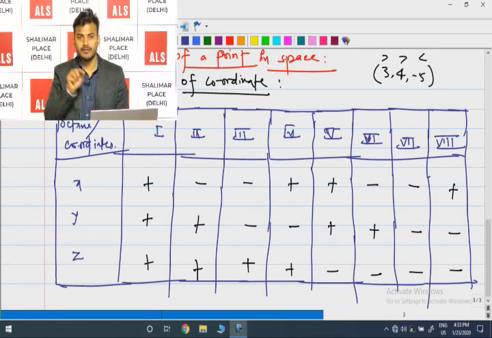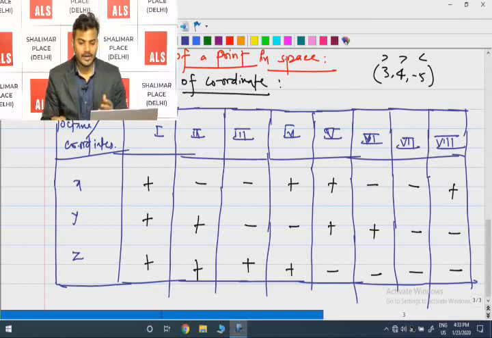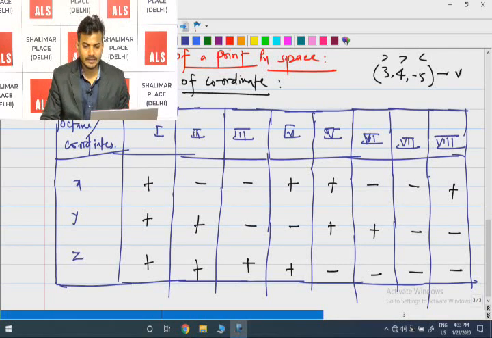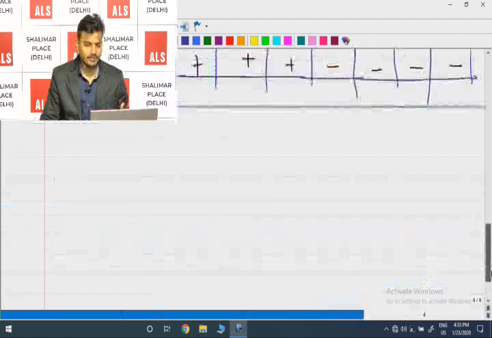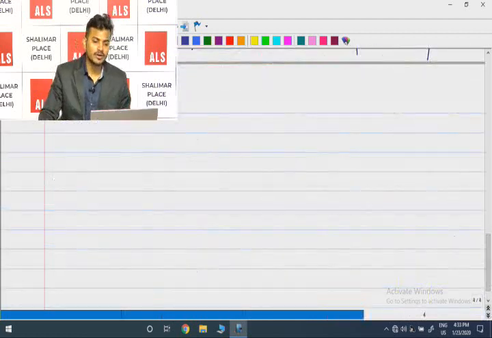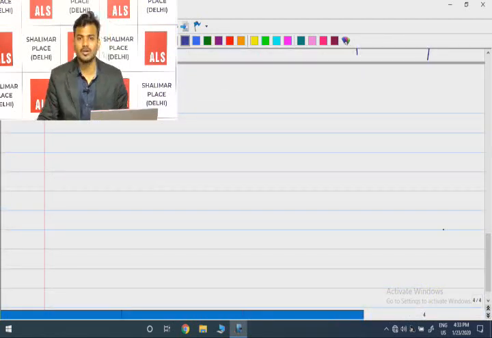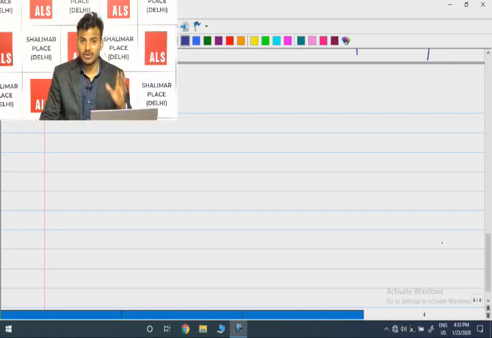1, 2, 3, 4, fifth, sixth, seventh, eighth, away from me, like that. So that is fifth, sixth, seventh and eighth. I think very good. Your answer is correct. That's the fifth octant. Amazing. Let's do some more problems, right? I'll give you more points and you have to identify them correctly. And please do not refer to the table all the time. Take 1 or 2 minutes and quickly revise completely.